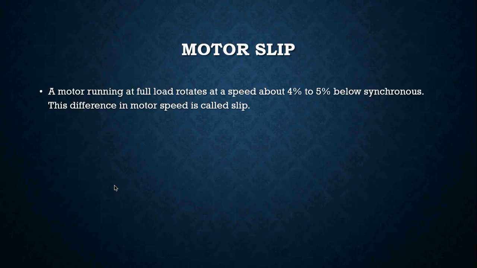So there's a couple of different factors that cause a motor to have motor slip. Most motors are, I probably want to say, about 95% efficient, especially your bigger motors.